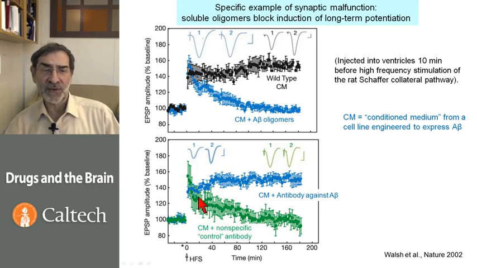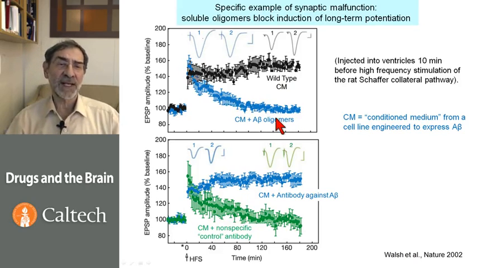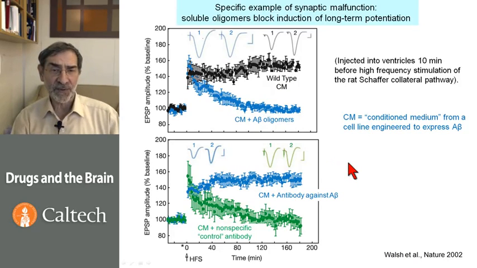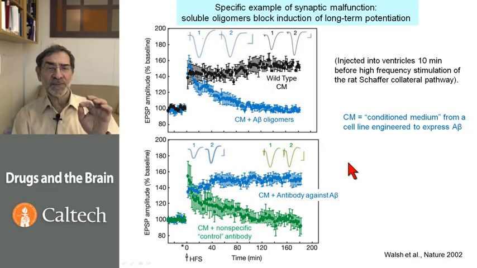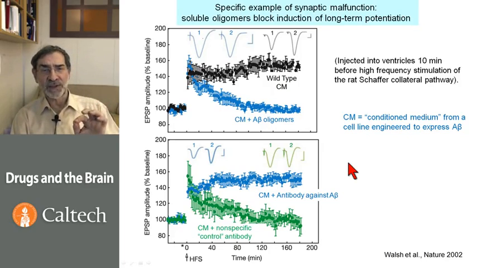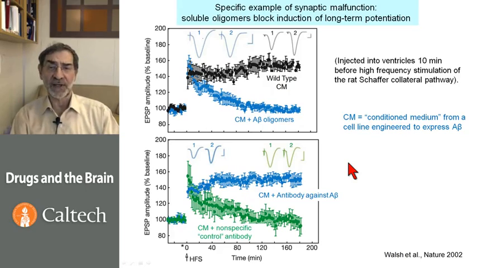And the green trace here looks like the blue trace up here with the A beta oligomers. So this is a nice, elegant experiment of the several available in the literature that point to specific malfunctions in synaptic transmission, and specific malfunctions that point to an inability of synapses to retain information for long periods of time. And that is, of course, part of cognition.